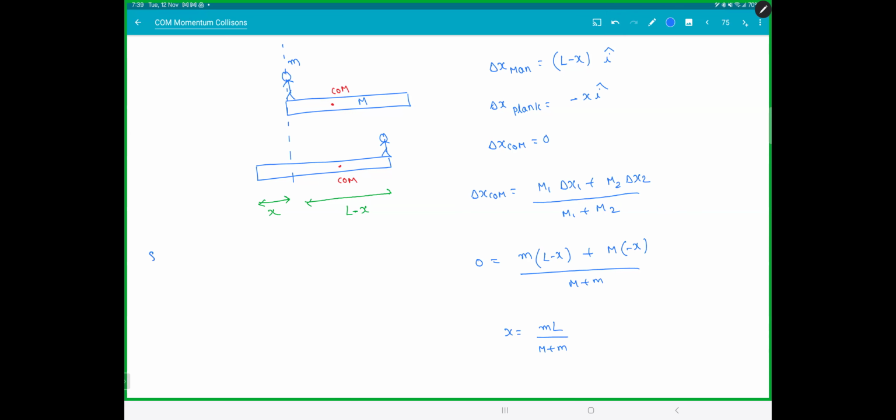So in this problem, step 1, let the plank go backward by x. You can take forward also. It doesn't matter, the sign will take care. Step 2, calculate displacement of all the objects.